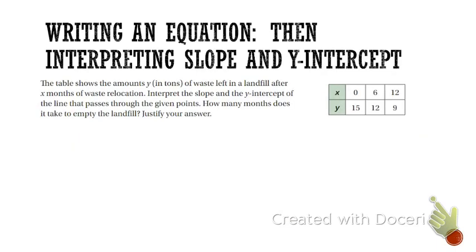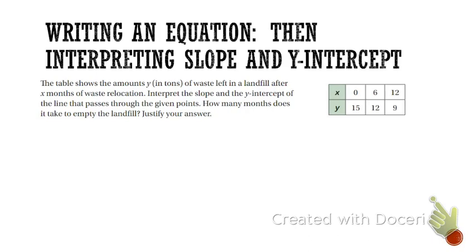Okay, all right, so writing an equation and then interpreting the slope and y-intercept. We've got a table of values here. It's always important when I have to do an interpretation. We did one of these in this lesson, I believe it was 13.6, where we have to say what the slope is telling us and what the y-intercept is telling us.